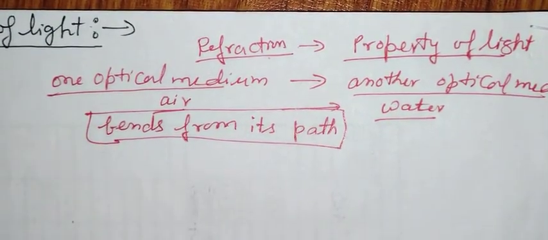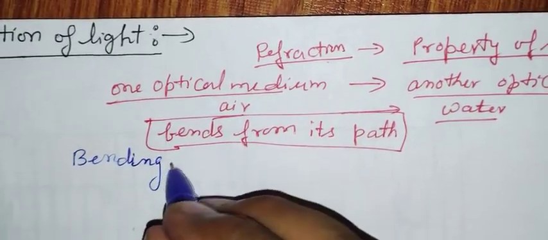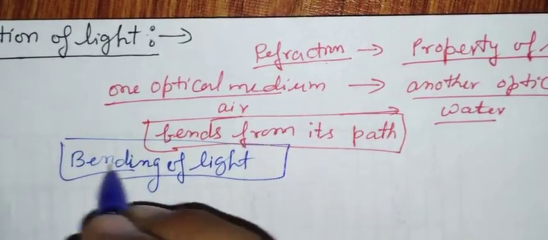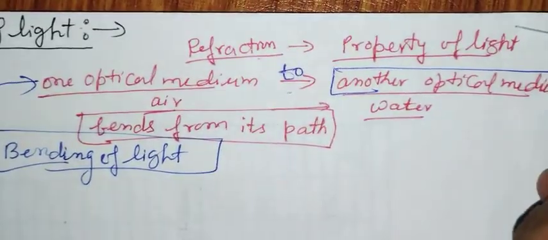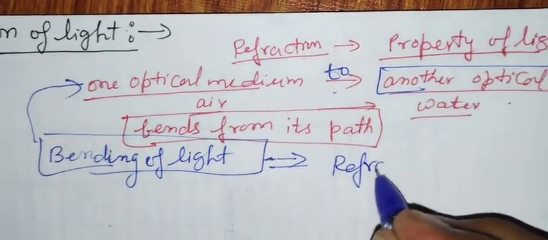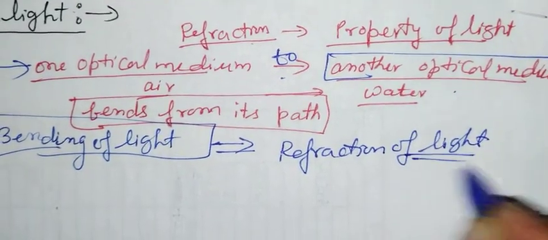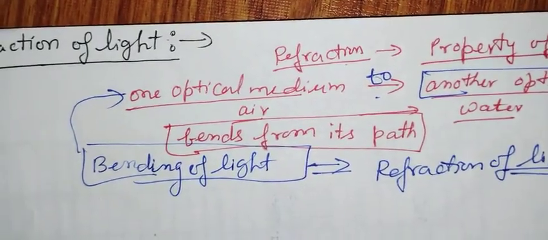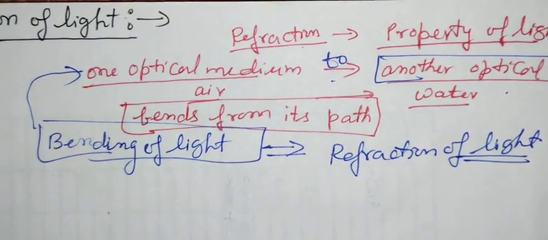So this bending of light, when it passes from one optical medium to another optical medium, this phenomenon is called refraction of light. So we may say that the phenomenon of refraction of light occurs when it passes from one optical medium to another.